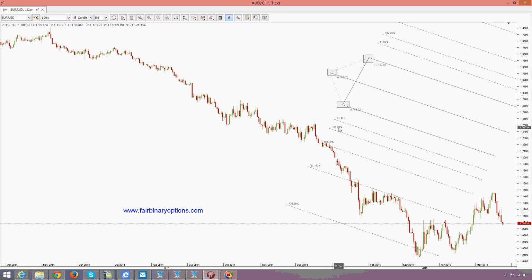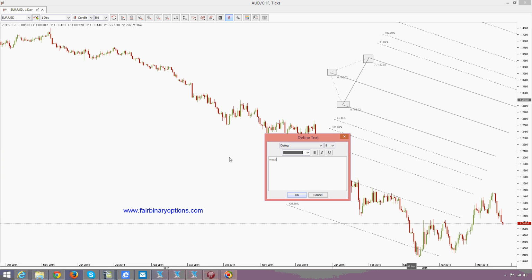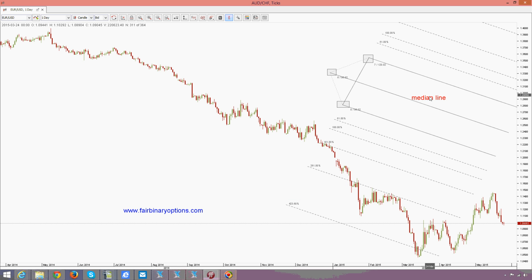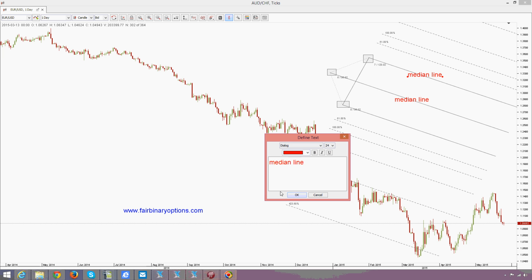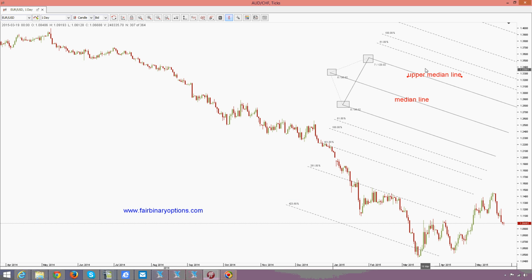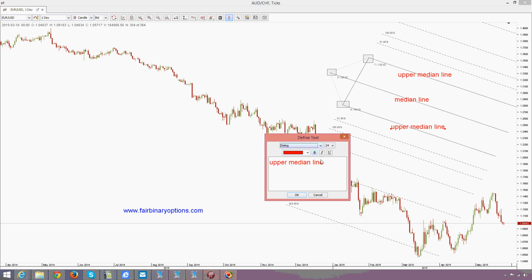Out of these 3 points, we have a move projected on the right side of the screen, of course, and these 3 lines are called the medium line, being the line in the middle, the upper medium line, the line above it, and the lower medium line, the line to the downside.